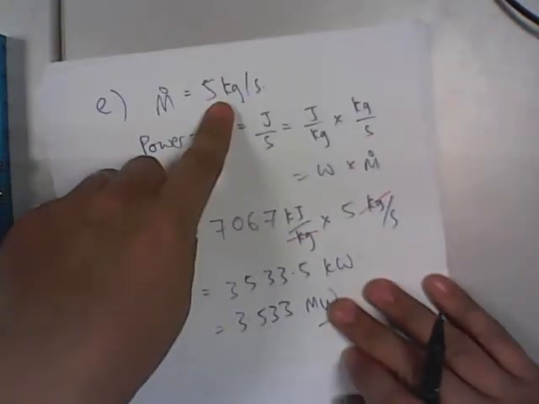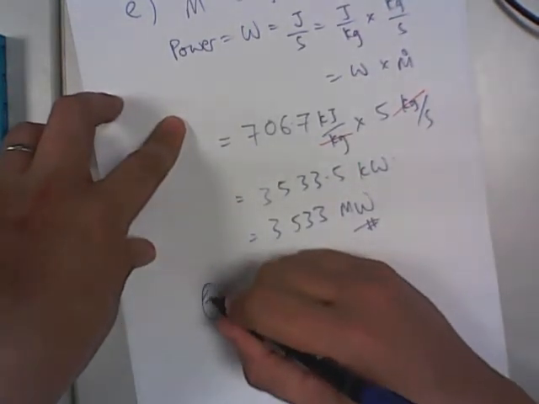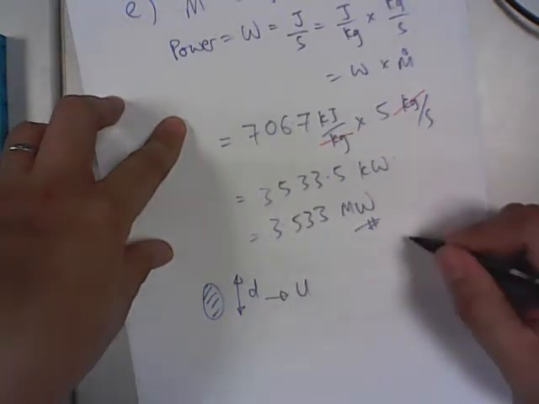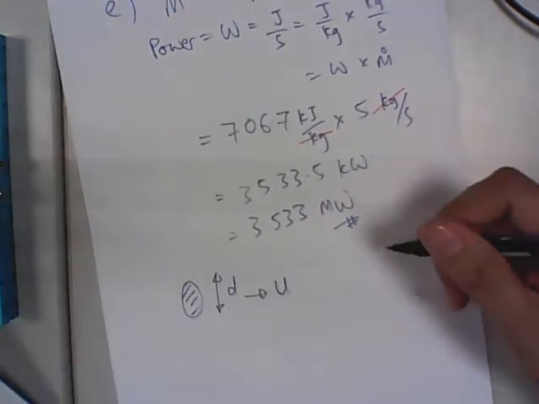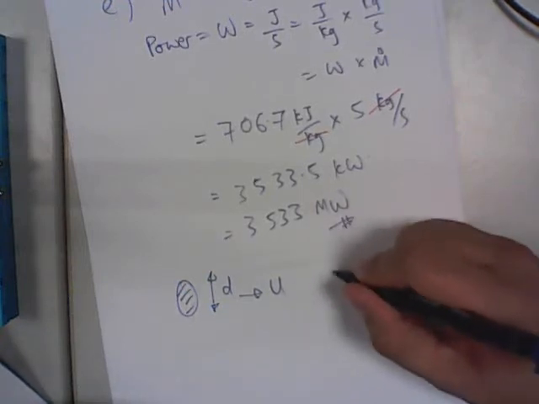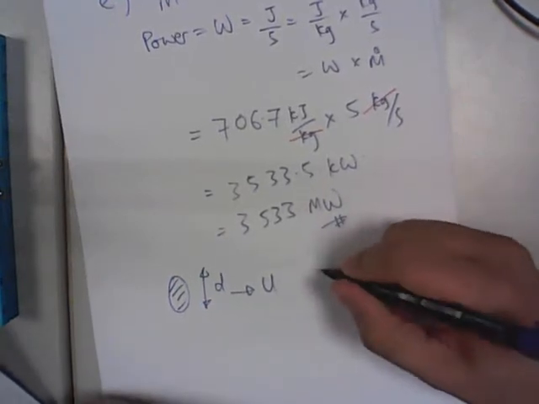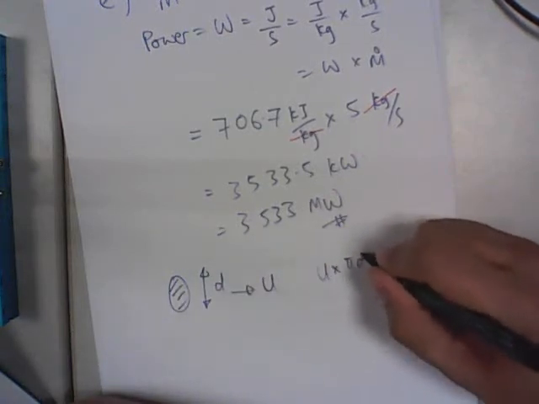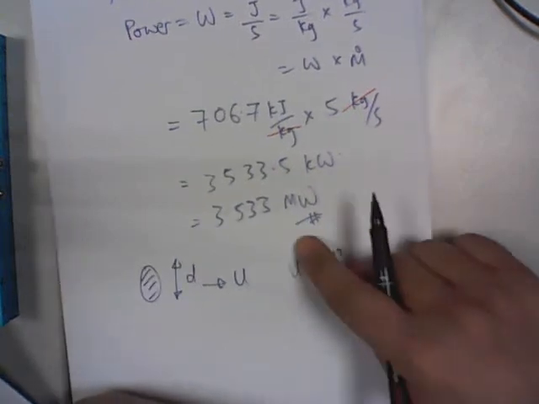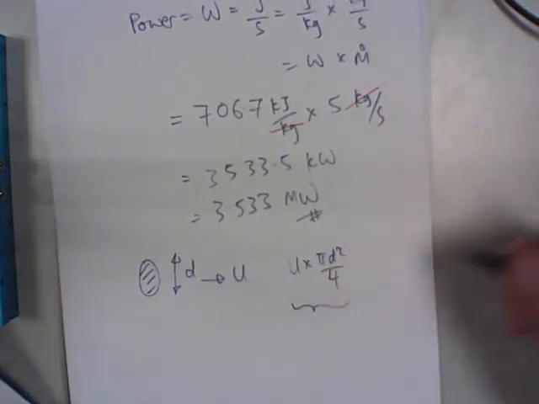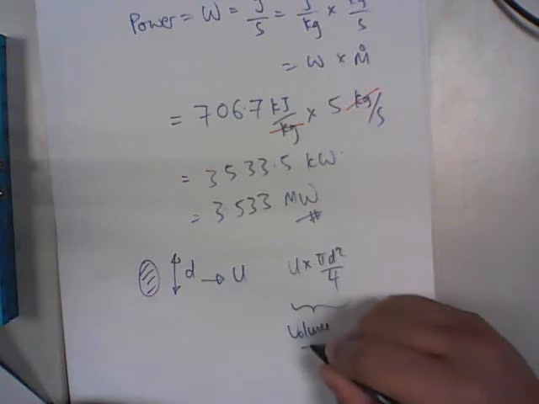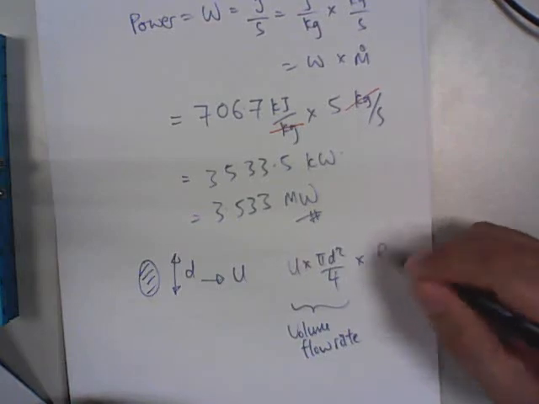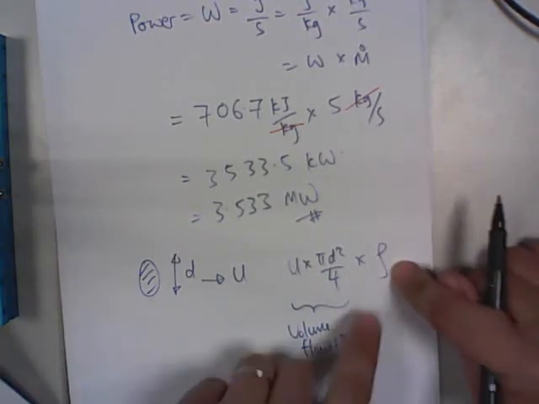You need to get the mass flow rate. Sometimes the mass flow rate is not so direct. Instead, you will be given a diameter with a flow speed, if you still remember this, and then you will have your volume flow rate. If you can still remember chapter 1, cross-sectional area times velocity. So your velocity times pi d square over 4. Okay, this is just the volume flow rate. You still need to multiply by density.